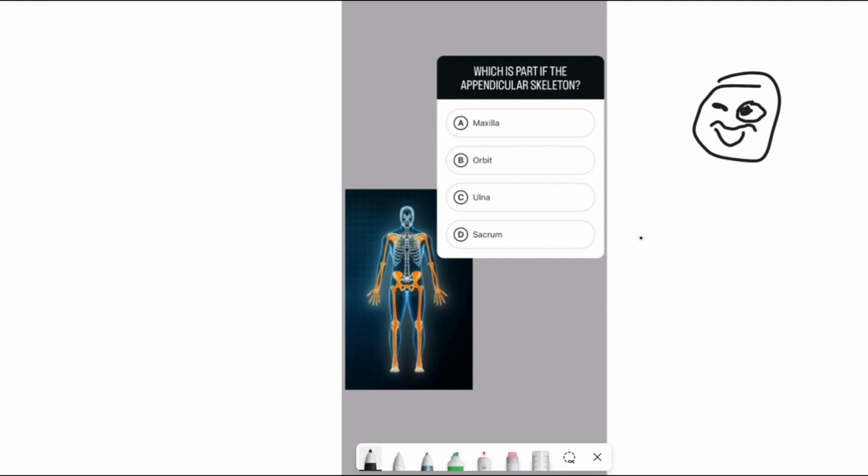Those are your forearm bones. So it's probably going to be this. And then your sacrum is part of the vertebra. You have 5 sacral vertebrae, I believe, that fuse and form the sacrum. But still, that's part of the vertebrae. So your answer here is going to be the ulna.